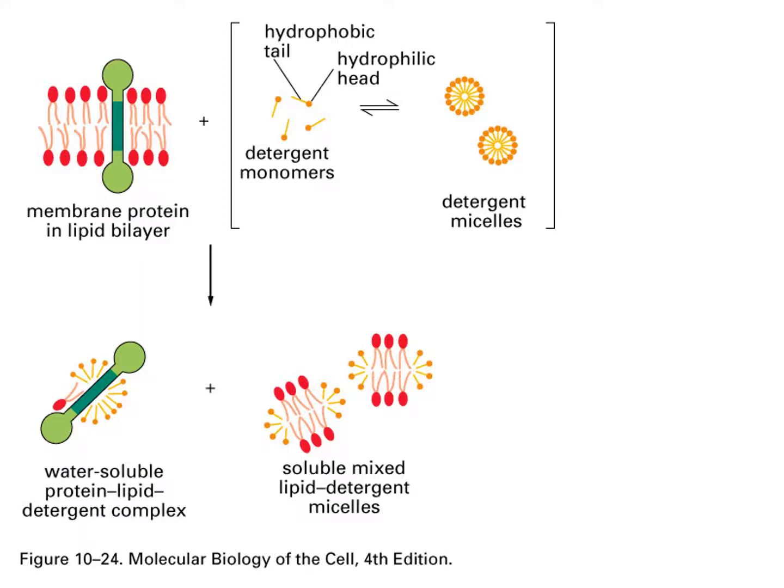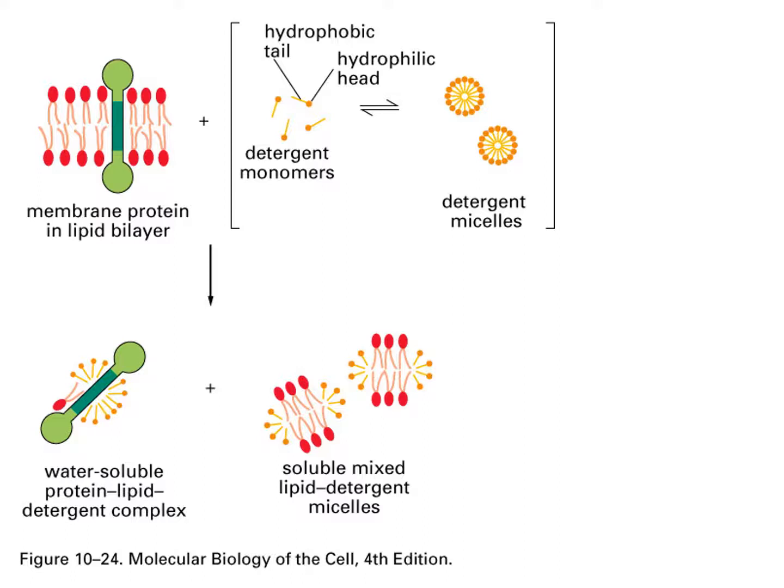If you have the membrane protein in its lipid layer and you add the detergent to the protein, the lipids form micelles by themselves, but the protein is coated by the detergent and stays outside the lipids.